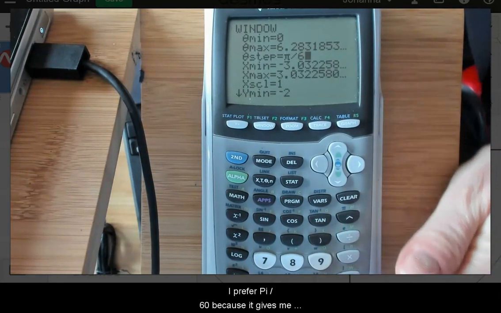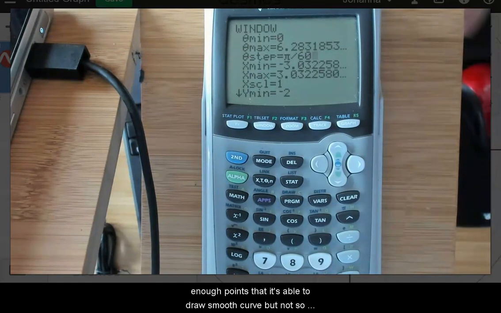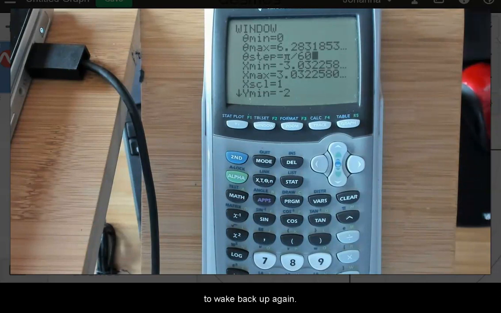I prefer pi divided by 60 because it gives me enough points that it's able to draw a smooth curve, but not so many points that it slows down the graphing calculator to take 5 minutes to draw one graph, or completely hang it up where I have to take the batteries out to get it to wake back up again. I find that pi divided by 60 is a good middle ground.